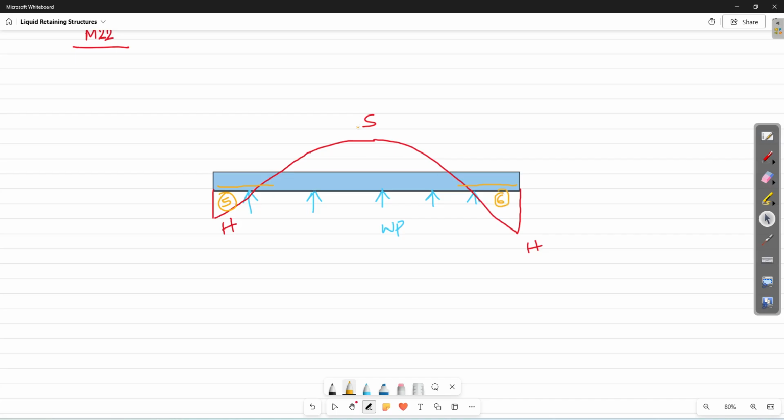Reinforcement number 6. For this sagging bending moment, you will provide steel at this location. So this is 7. So you will list like this. 5 will be, so this is for horizontal bending.